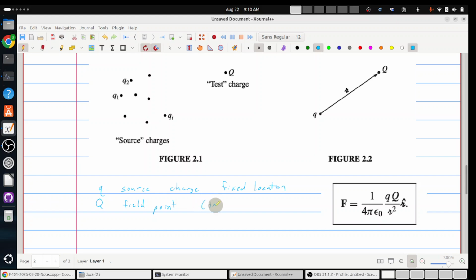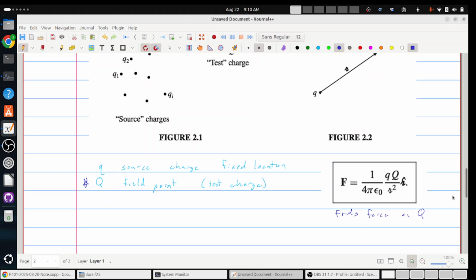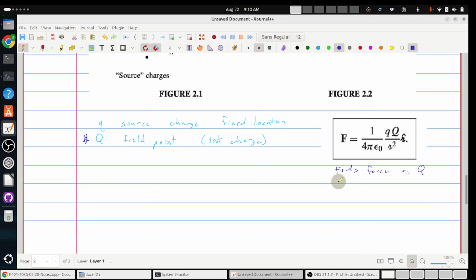This is also referred to as our test charge, and this is the one that we're finding the force on. So this equation here finds the force on big Q due to little q.